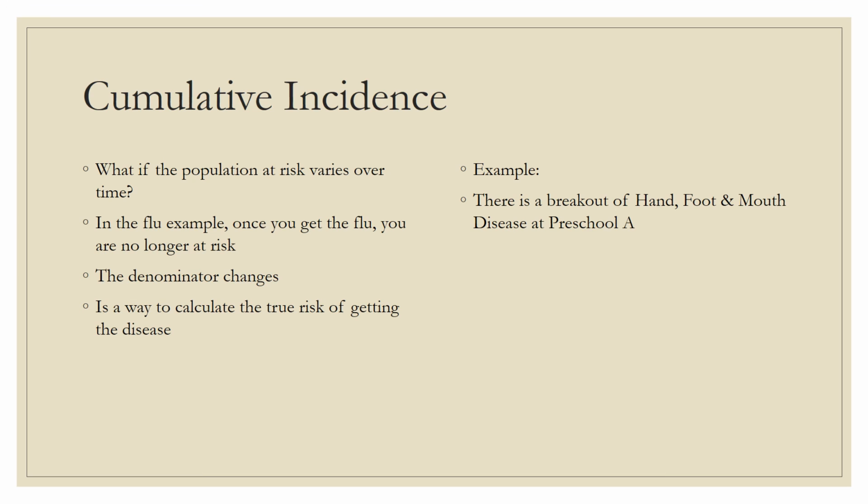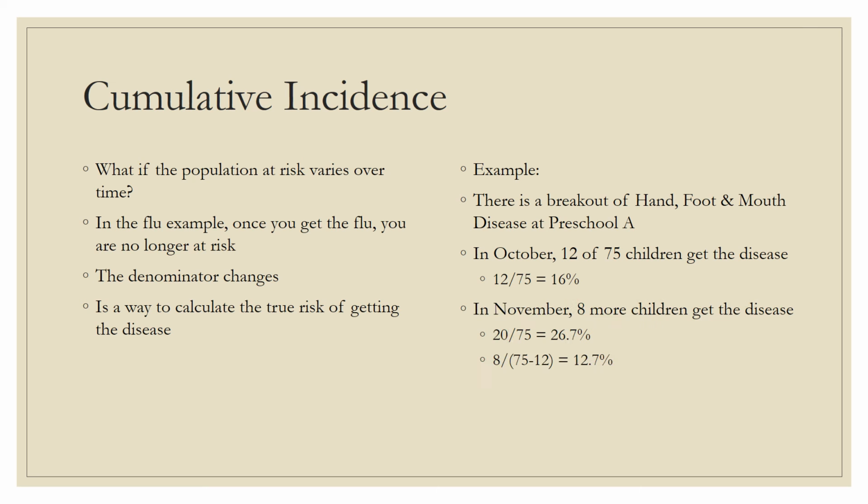So let's use a different example. There's a viral disease called hand, foot, and mouth disease that's common in young children. Frequently, there are breakouts at preschools. So let's say there's a breakout at preschool A. In October, 12 of the 75 children who are enrolled get hand, foot, and mouth. That is an incidence rate of 16%.